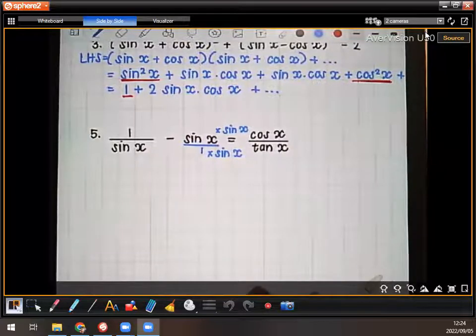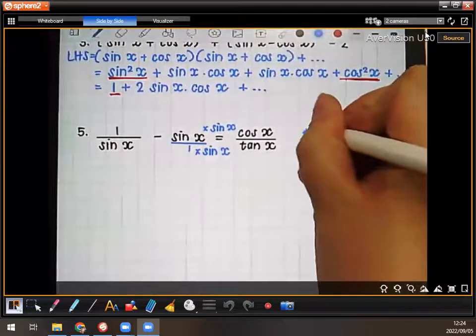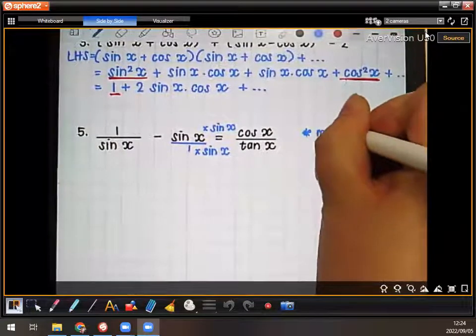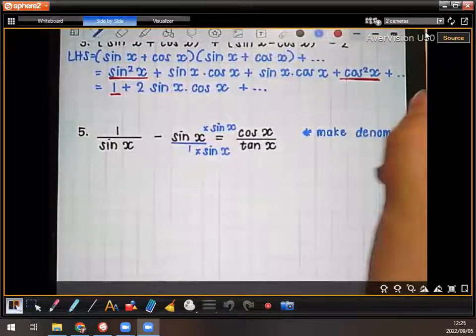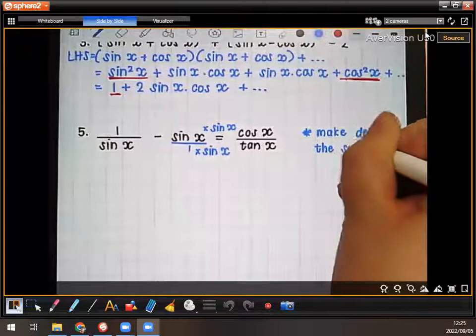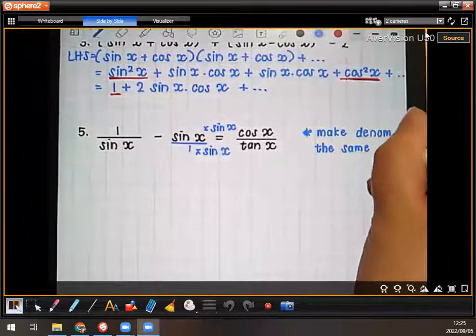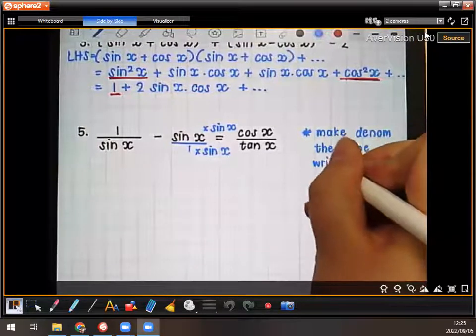Okay, so for number 5, you need to make the denominators the same and write as one fraction.